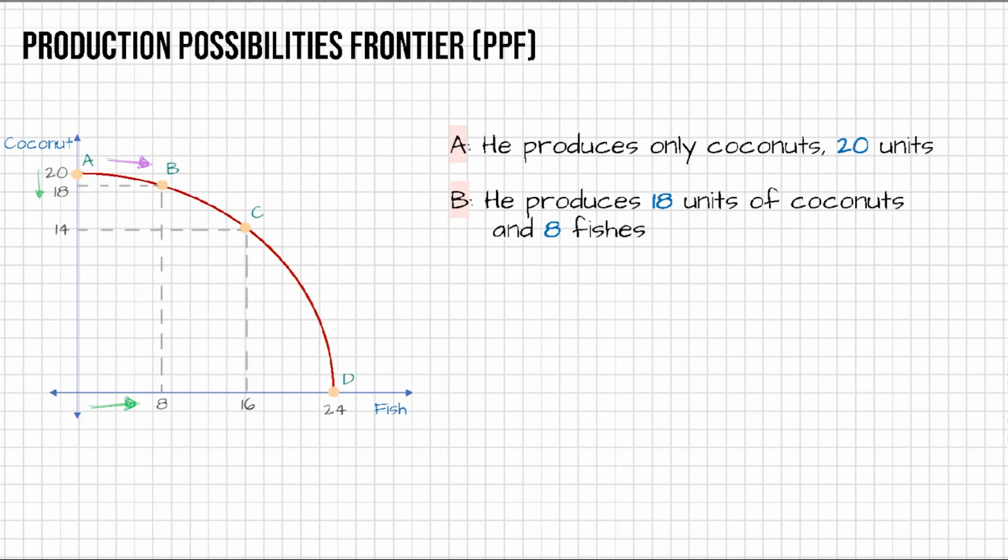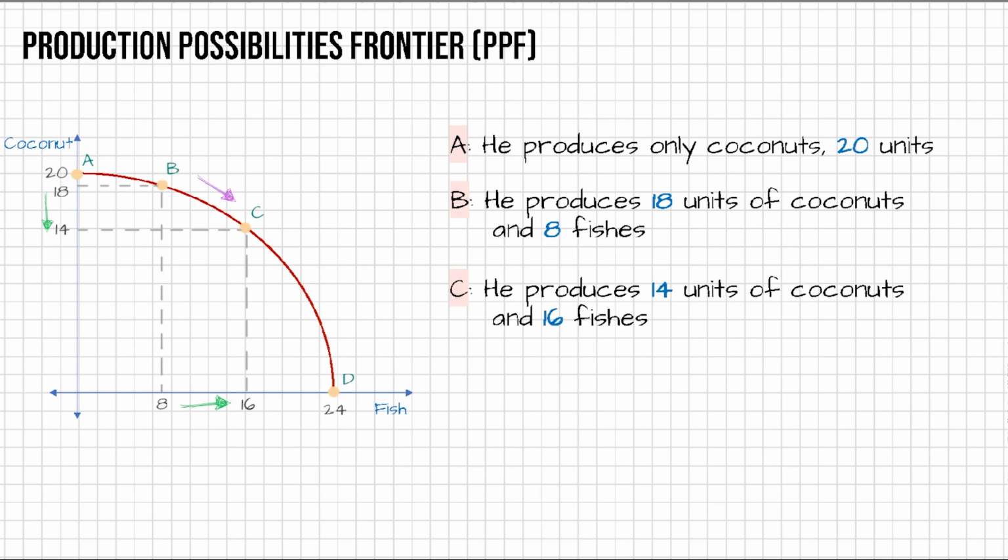Why does this happen? Because resources are limited, and we need to dedicate less time to coconut production in order to produce fish. Now, if we want to produce 8 more units of fish, for a total of 16 units, we need to give up 4 more units of coconuts. Instead of the 18 units we had at point B, we now drop coconut production down to 14 units.